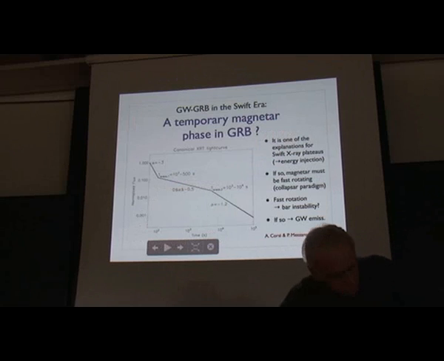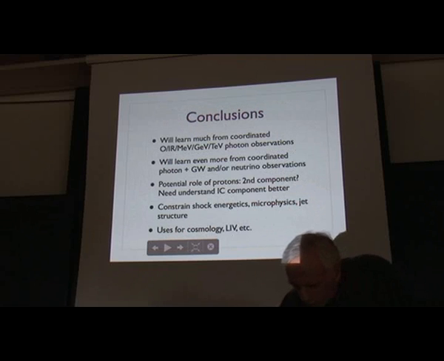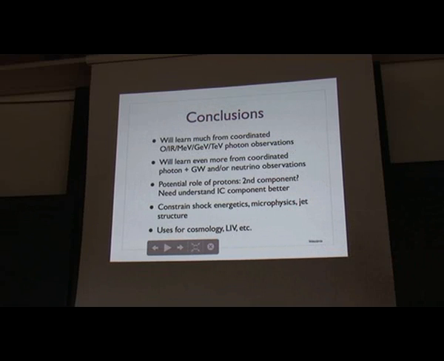Okay, so time has gone, so I'm not going to discuss the gravitational wave thing. The comparison of multi-wavelength observations at high energy photons and low energy photons is something that is really very useful to constrain models.